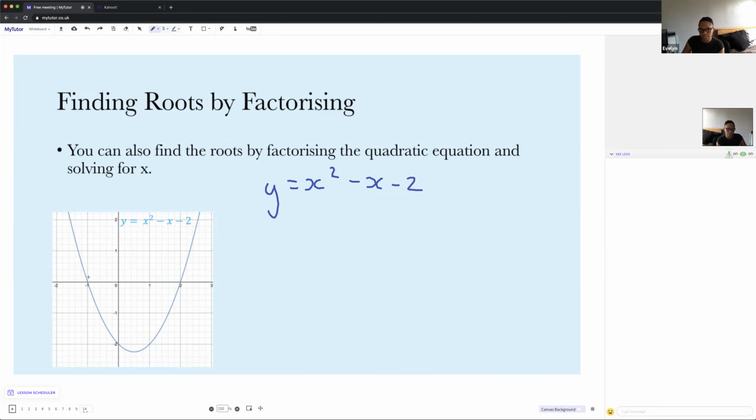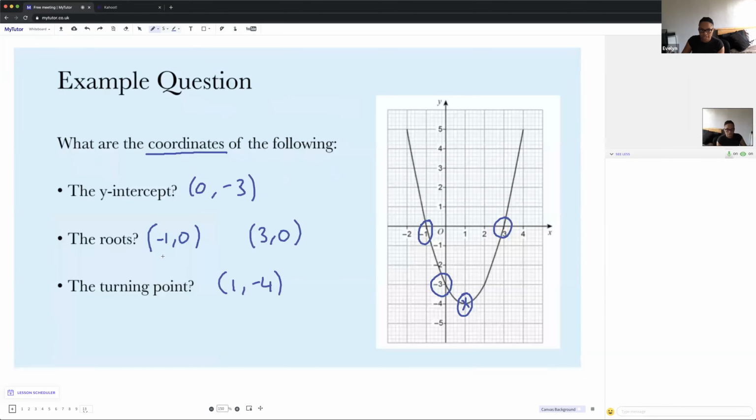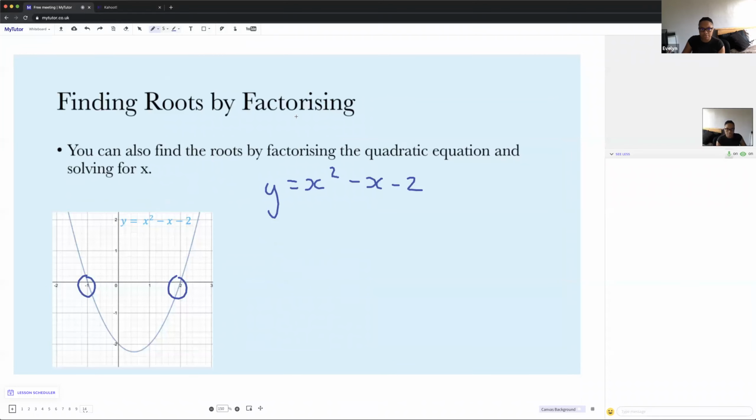We can obviously tell where the roots are because we've drawn the curve, but one particular thing is that the roots is where it cuts the x-axis, which means that the y value is 0, right? Because if we have a look at our coordinates over here, our y coordinates were 0, weren't they? Because it goes where y is 0. That's where the x-axis is. This whole line is y equal to 0.